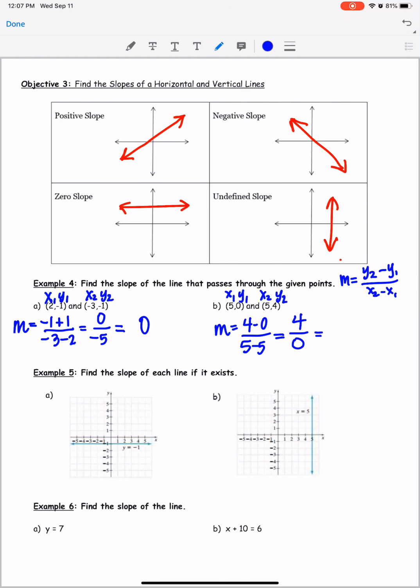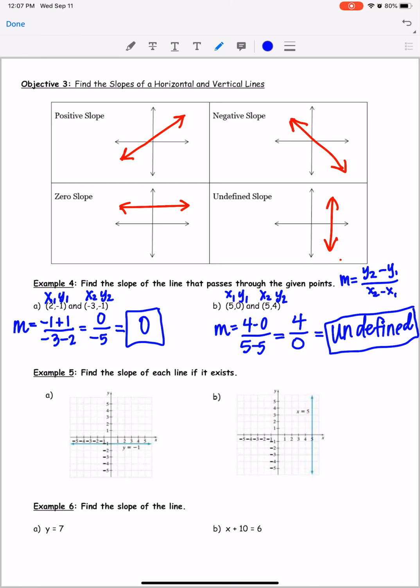Because you've got 0 in the bottom on this one, this is your undefined slope. And again, if you plot those points, you'll get that, right? (5, 0) is here. (5, 4) is here. So this is your vertical line. This is your undefined slope.